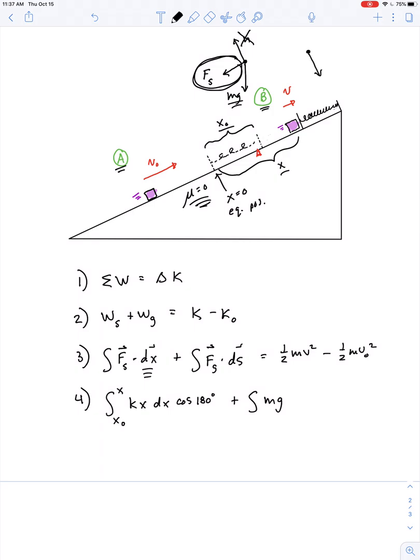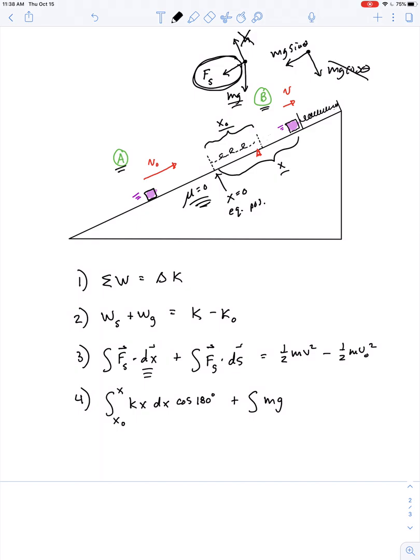So there's a component of gravity, mg cosine theta, that points perpendicular to the incline, and therefore perpendicular to the displacement. And there's the other component of gravity, mg sine theta, parallel to the incline and pointing opposite the displacement vector.